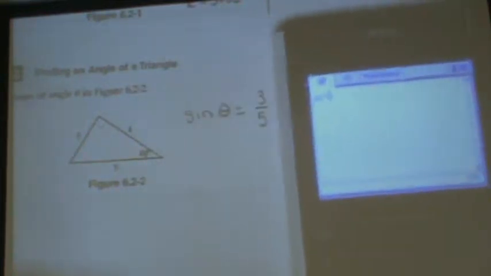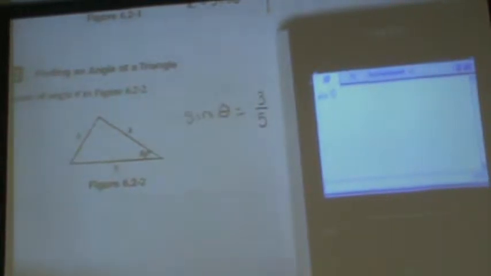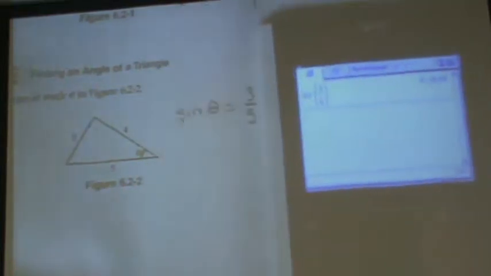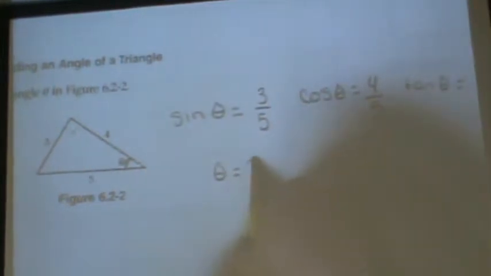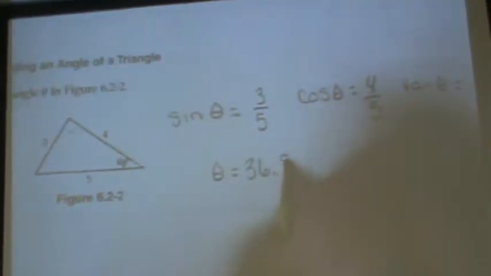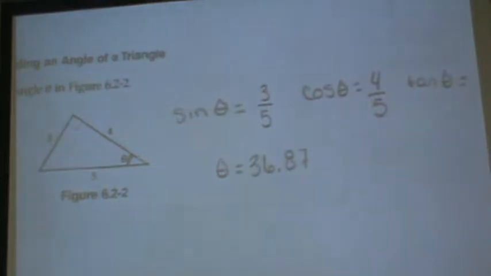And then you're going to put in your ratio that you had, so 3 divided by 5, and you get your angle is 36.87. And like I said, all of these ratios will give you the same answer.